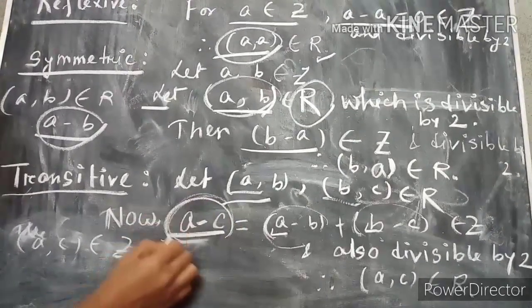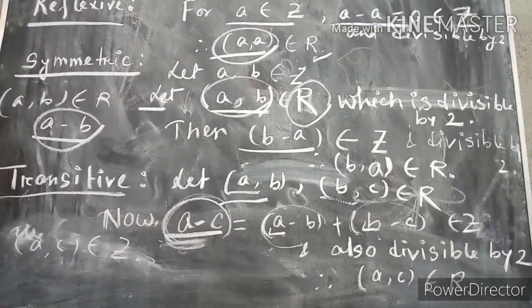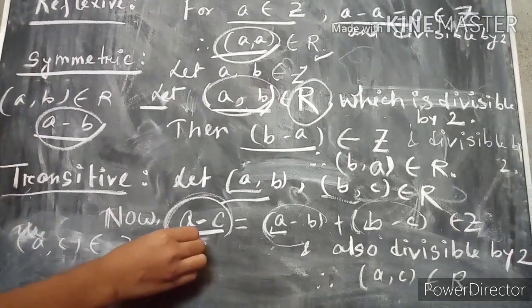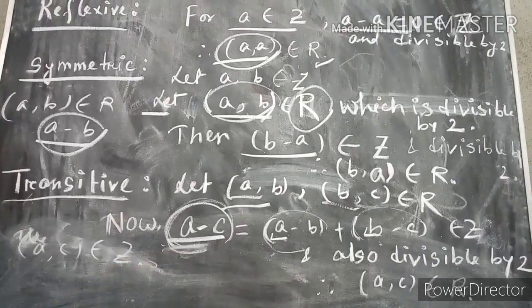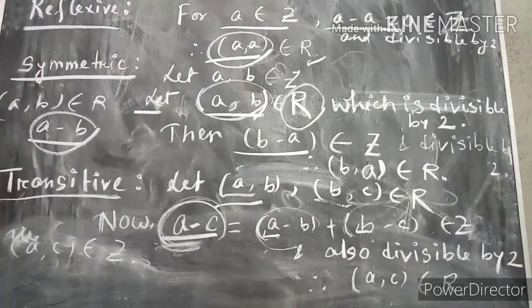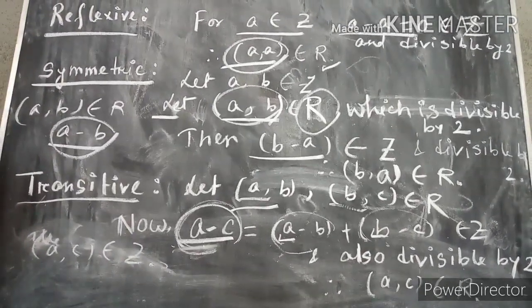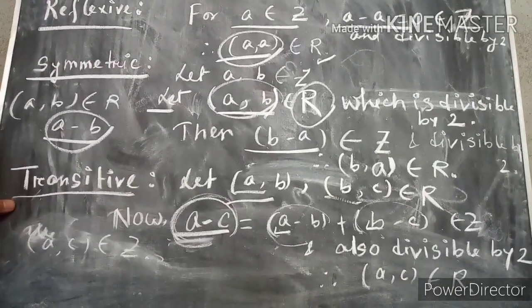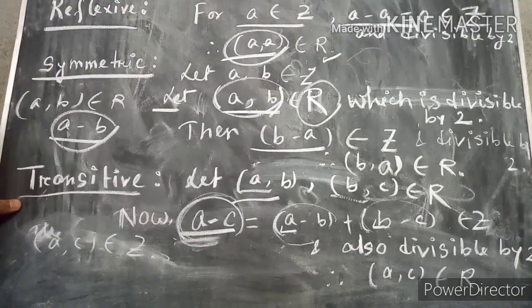Therefore, A minus C is divisible by 2. Finally, we have concluded that A minus C belongs to Z and A minus C is divisible by 2 for all A, B and C belonging to the set. Therefore, this relation R is called transitive.